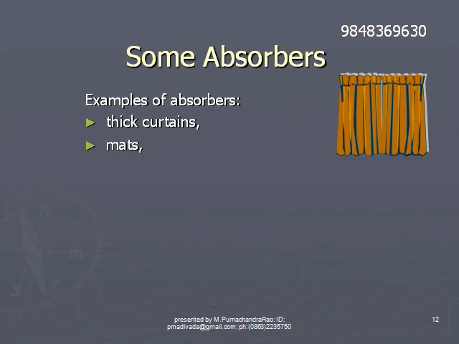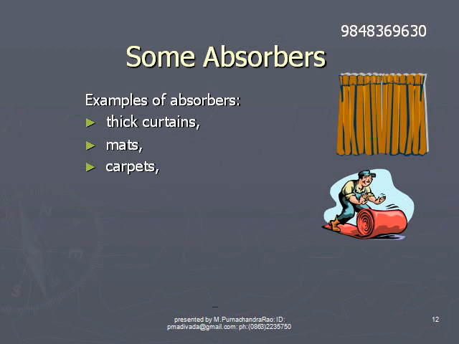Mats and carpets spread on the floor are also good absorbers of sound energy. Wood is also an absorber. Cardboard is also an absorber. So thick curtains, mats, carpets, wood, cardboards, etc. are the materials that absorb the sound energy.